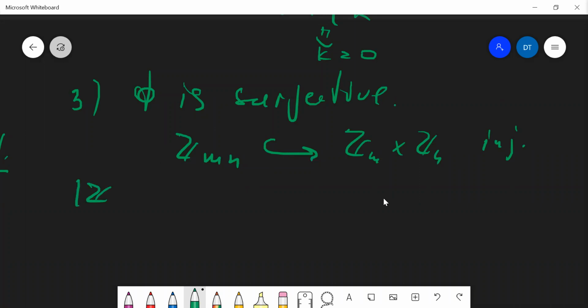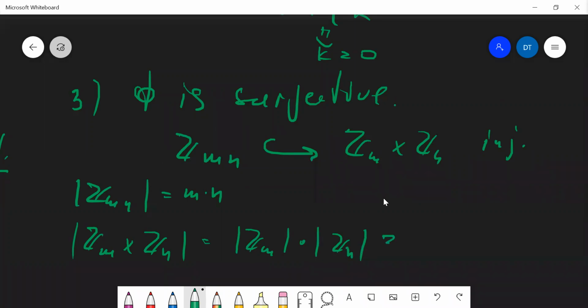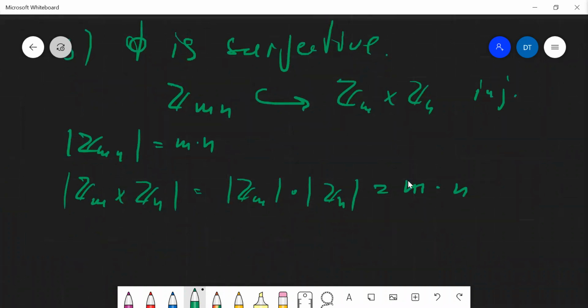How many remainders are in this set? There are exactly m times n elements. How many elements in the direct product? Since the direct product is the set of all pairs, there are m times n elements again. So we have an injective map between two sets of the same cardinality, and because of this the map is automatically surjective.